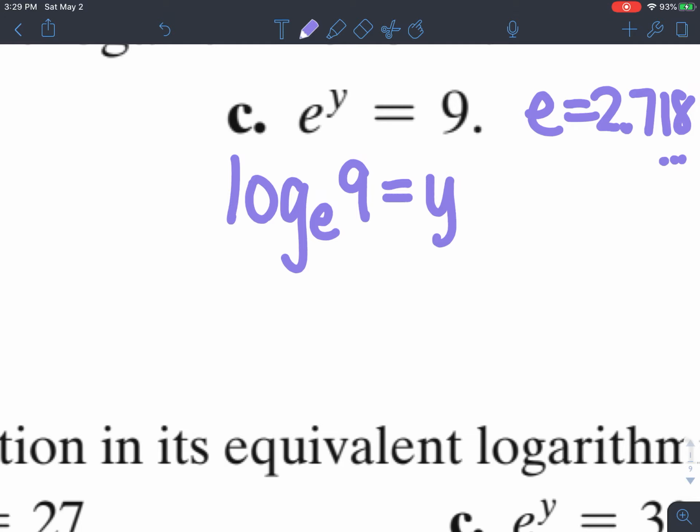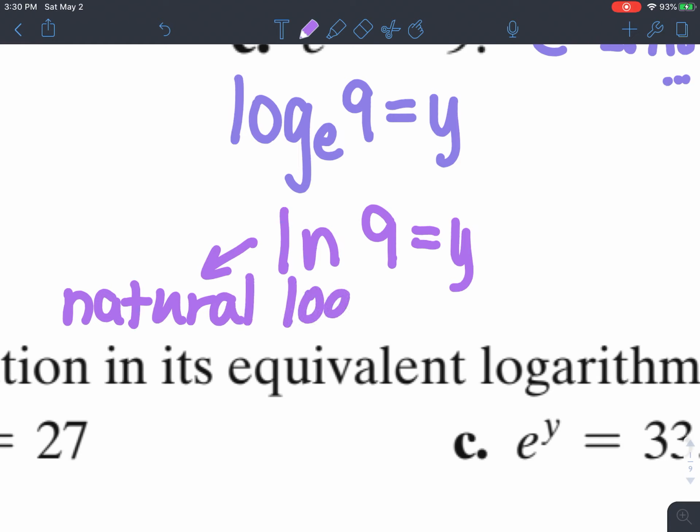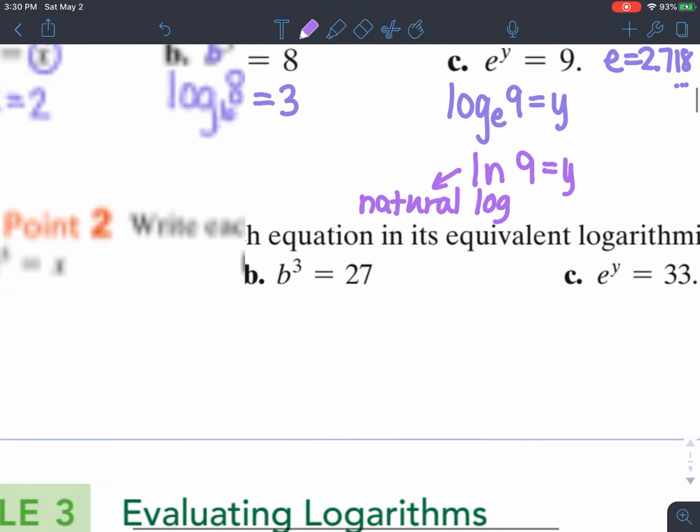So a log with a base of E, we actually have a different way to write that, and that is ln. That means the natural log, but I think we get to that later. I don't know why it's called the natural log and then it's ln. Like, why isn't it nl? I have no idea.